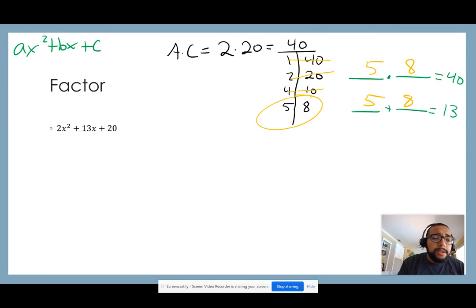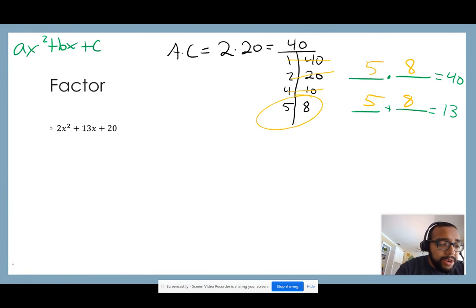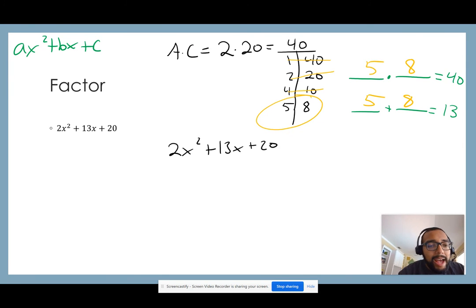Why is this so important? Well, in our expression, 2x squared plus 13x plus 20, I can rewrite my middle term to be 8x plus 5x plus 20.